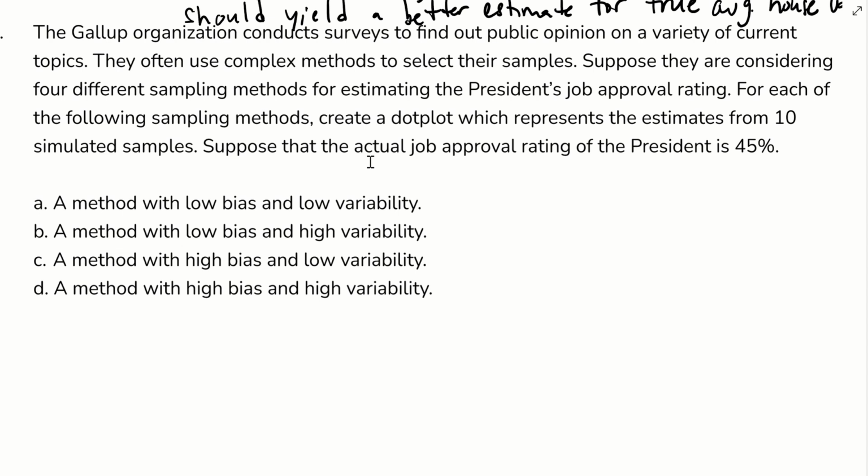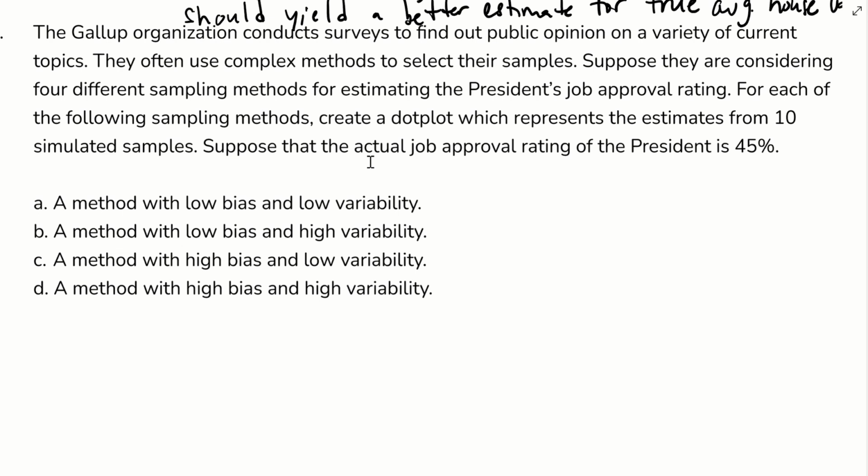All right, so let's review what we mean by bias and variability. Bias means that you're off target, right? So that means you're over-representing or under-representing, or both. If you have high bias, that means you're consistently overestimating or consistently underestimating.